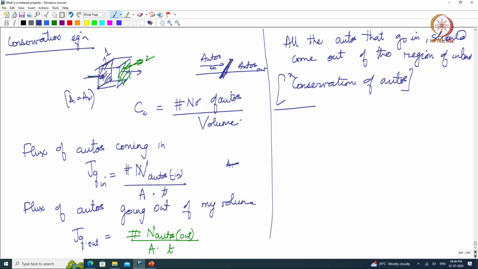Then we have conservation of autos, and so the number of autos that are changing, that is, dou N i by dou t per unit volume, I am going to look at this term, that is dou C i by dou t. Okay. So, these are the number of autos that are changing per time in this unit volume.